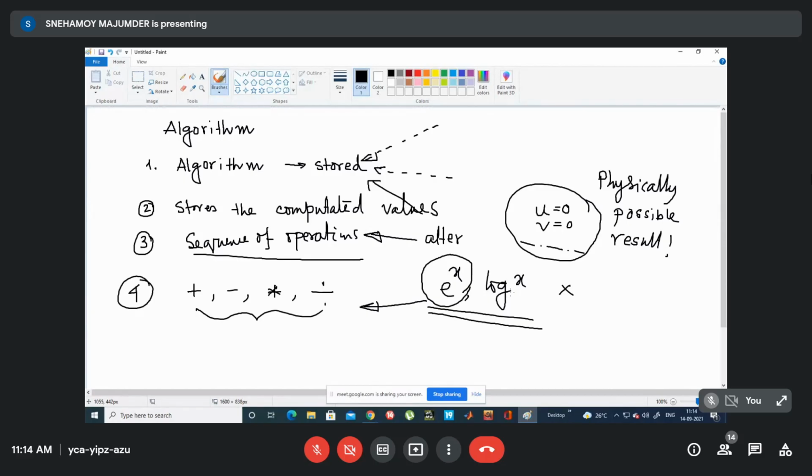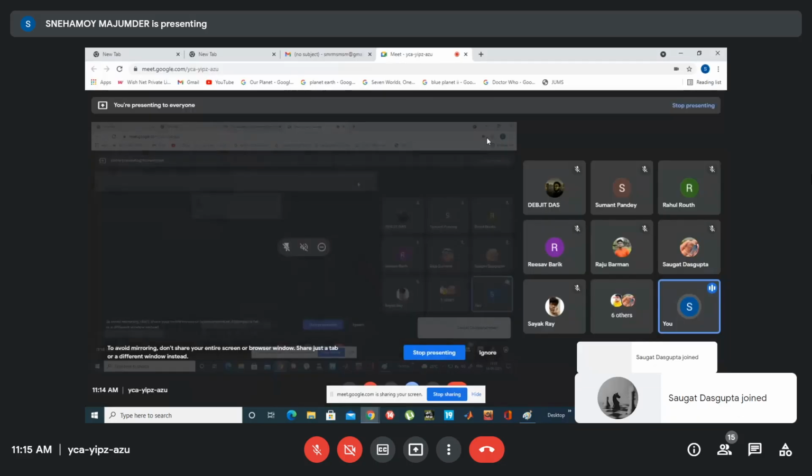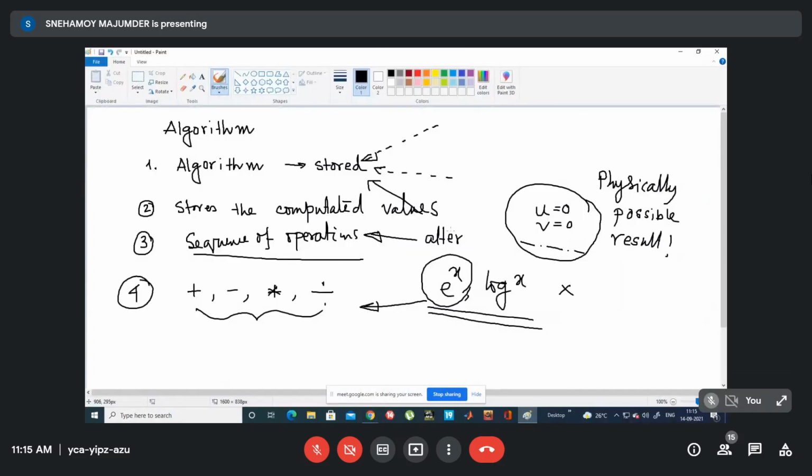If required, the sequence of operations of the algorithm also has to be modified or altered, and the elementary mathematical operations, plus, minus, multiplication and division, have to be strictly followed. Involving all these and doing a total algorithm, or total procedure, is termed as numerical analysis. This is the task in numerical analysis.